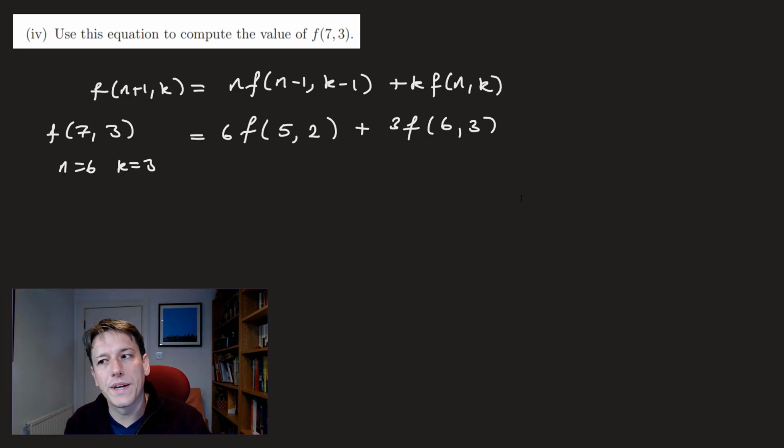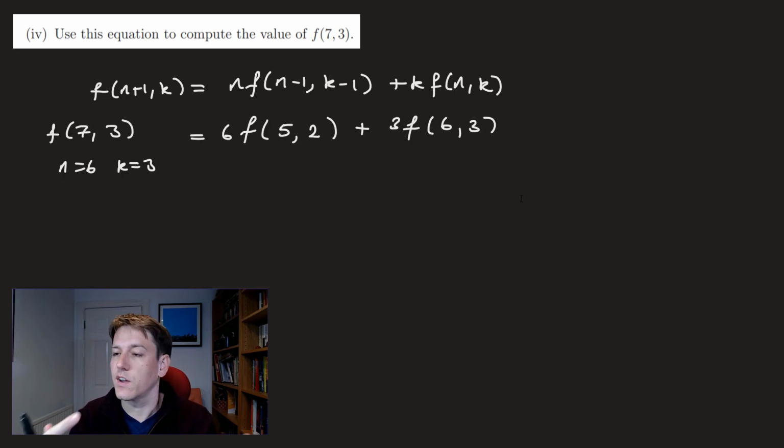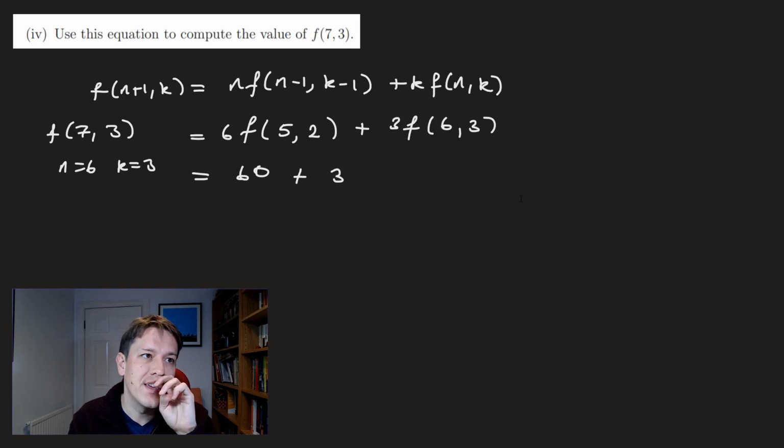Okay, now what we could do is take each of these f's and apply the formula again, and keep going down until we get values that we know, right? But notice we already know this first one because it was given to us in the question, that f of 5 and 2 is 10. So actually I can just say that this is 6 times 10, which is 60, and then I'll apply the formula again recursively here.